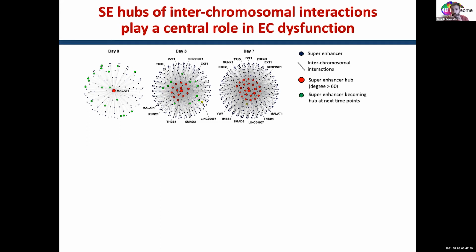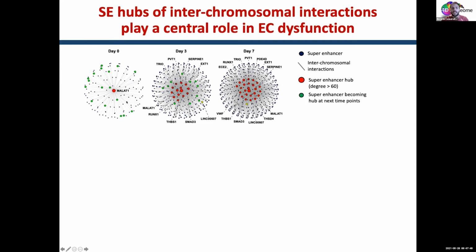They're located at the core of the network, and likely they could be most important in the progression of the disease. But besides that, the networks also provided us another piece of information showed by the green nodes. So what are the green nodes?